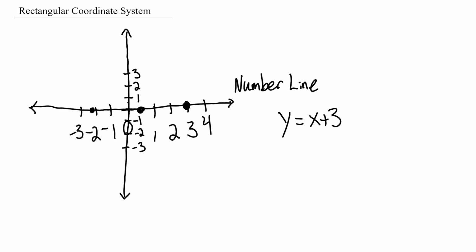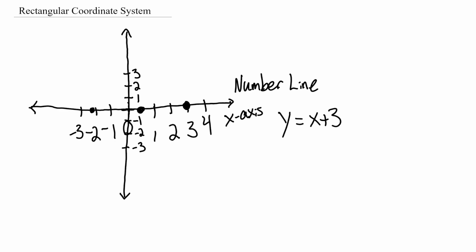This horizontal number line, we typically call the x-axis. And this is just because, as I wrote in the equation over here, x is typically the first variable we like to use. If you're using a different variable, then you can give it a different name. Like if it's t, you might call it the t-axis.